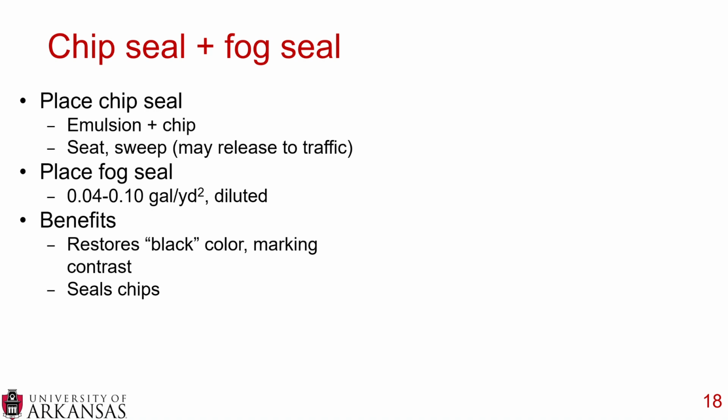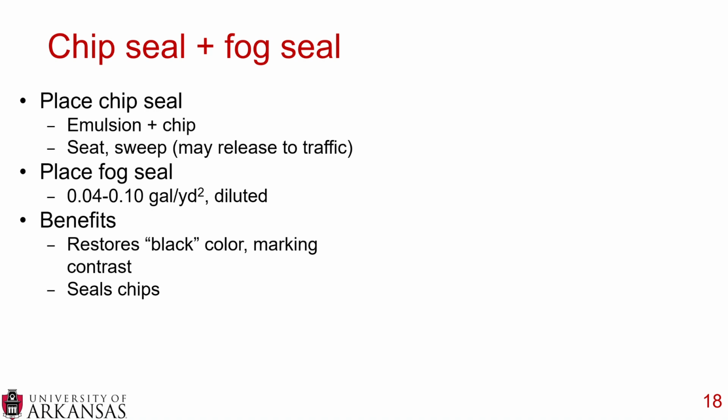And informally, I've had conversations with people who say they have put this combination treatment down. And after they place the chip seal, people are furious. They're asking, why are you putting all this rock? It's flying around. It looks like junk. It's all rough and all of that. And they wait about a week to get all that extra aggregate off, and people are complaining.